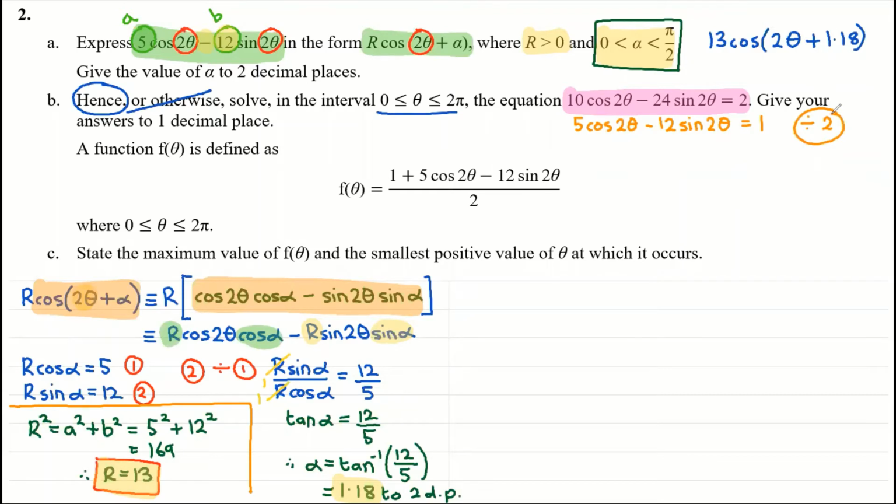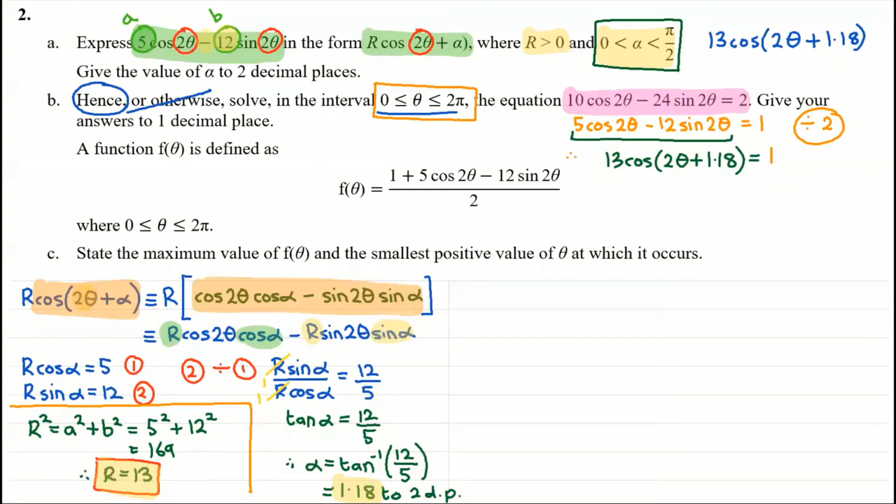And lo and behold, that's the form that we've rewritten. So therefore, all we have to do now is replace all of that with what we've just discovered. So 13 cos of 2 theta plus 1.18 equal to, well, 1. Okay, so we have to solve that equation in this interval here from 0 to 2 pi. All right, so that's what we're going to do in the next part.